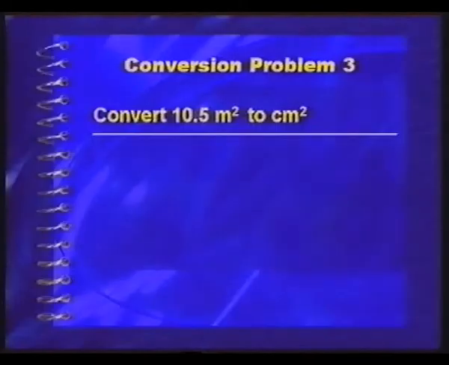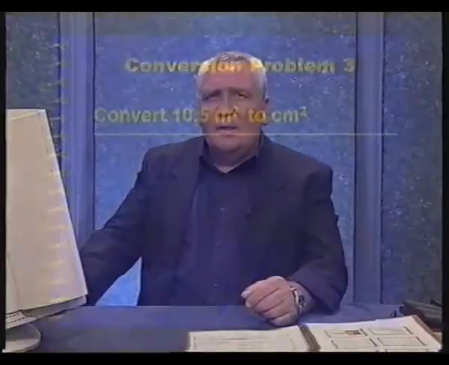Let's have a look at a slightly more difficult problem. And here we go. We've got convert 10.5 square meters to centimeters squared. When you convert squared units or cubic units, there is going to be a slight difficulty. You can't just multiply by 1,000. You have to take into account whether it's a squared unit or a cubic unit. Typical problem here.